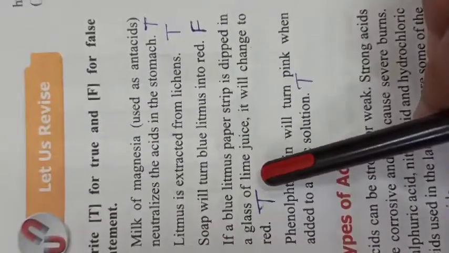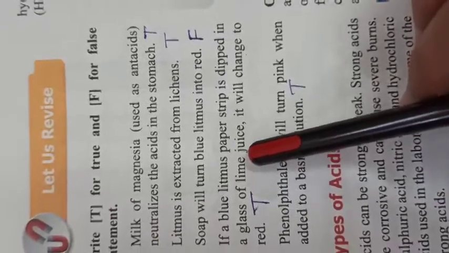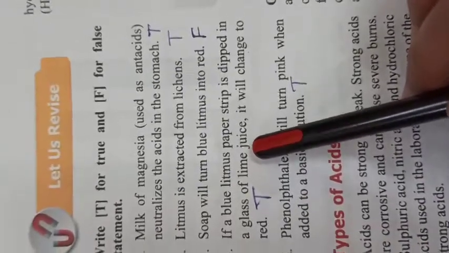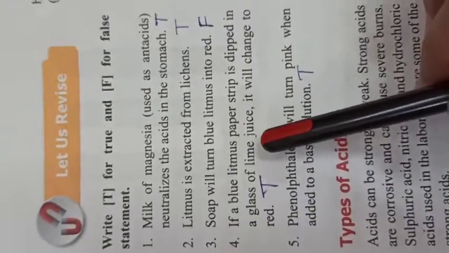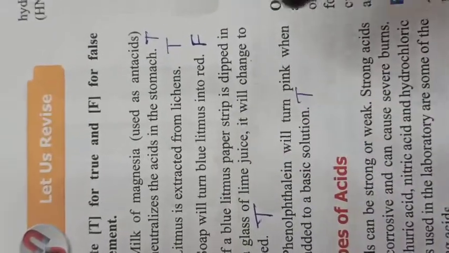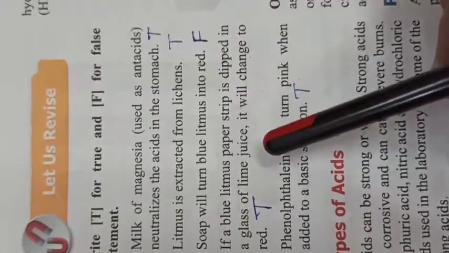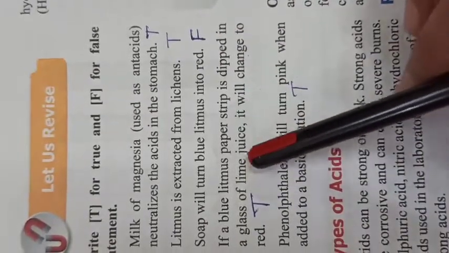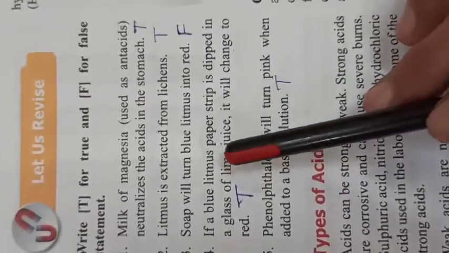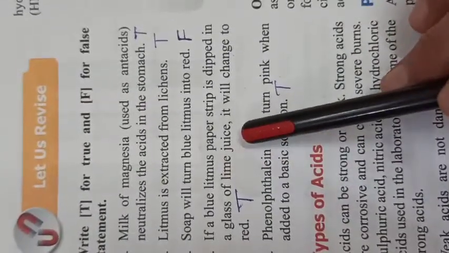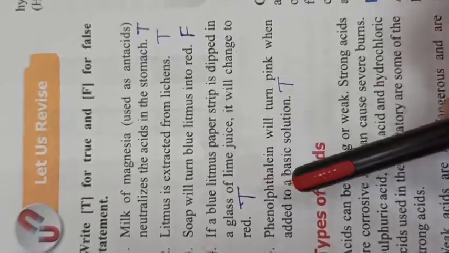Children, this is true. I have demonstrated this activity to you: when we put blue litmus paper in lime juice, it turns red, because acid is present in lime juice, which is called citric acid.